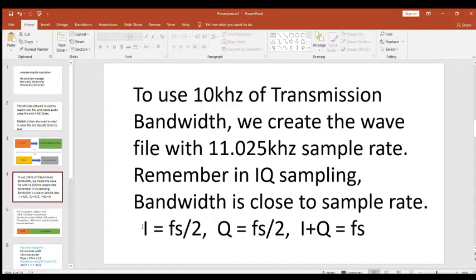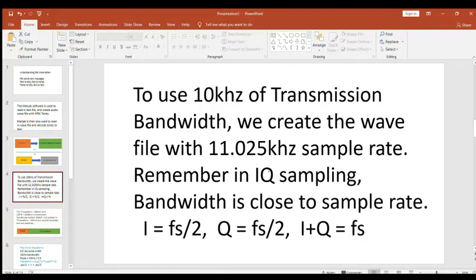It's because you're dealing with two signals, I and Q. And the easiest way to think of them is I by itself has a bandwidth of Fs divided by 2, and the Q signal by itself has a bandwidth up to Fs over 2. And when you add them together, you get the sample rate. So it's very, very important.